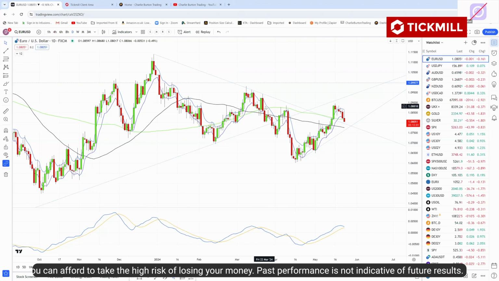You can use it on gold. You can use it on whatever you like. It's just that I'm trying to use examples here tonight on trades that I have taken, and it's easy using a singular market in the main. So I've just used the euro for example here tonight, but you can use it on anything.